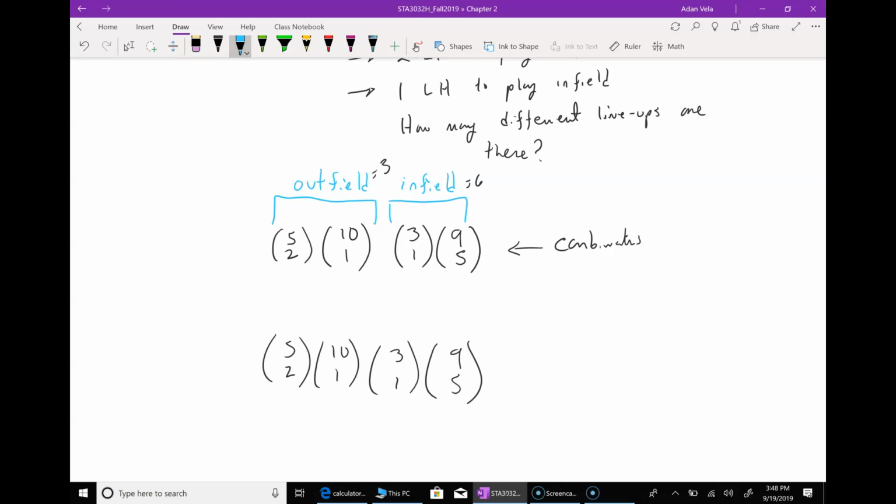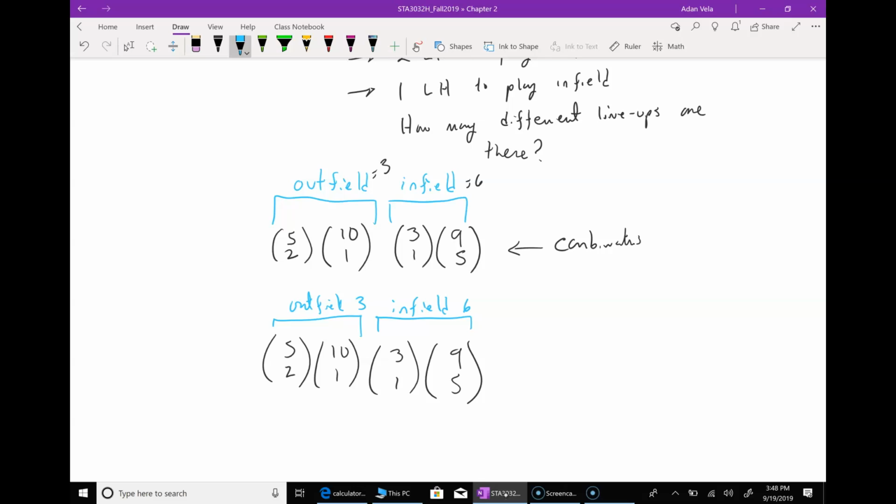all right, so again, we'll divide it up. Outfield has 3. Infield has 6. So for these 3 players, I can sort of rotate them around: left field, center field, right field. This was kind of like the vice president, president, and treasurer positions.